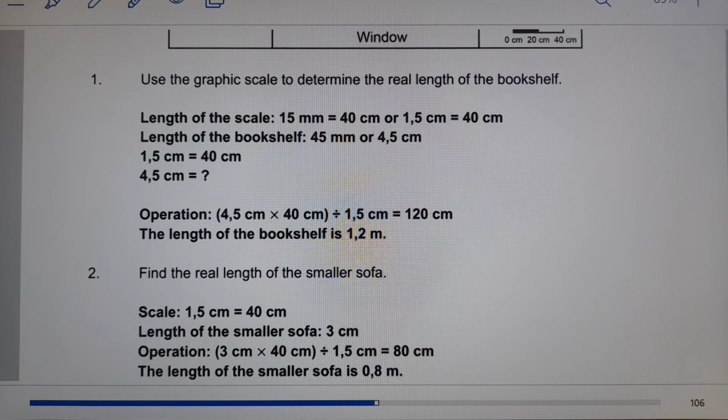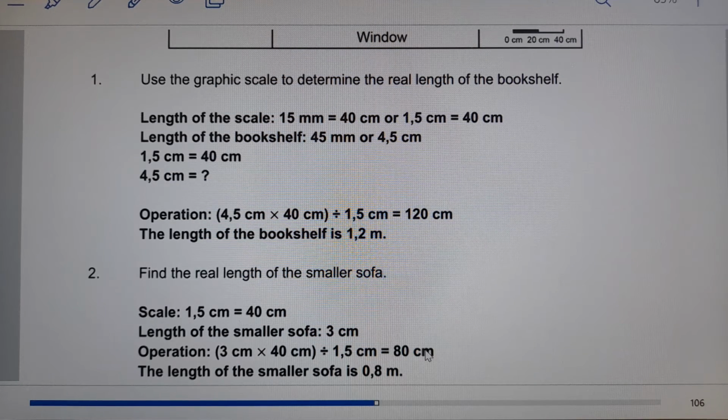Okay, let's scroll and see 120 centimeters, but I must divide by this number if it is not 1. So I divide by 1.5, then I get 80 centimeters. You see that?